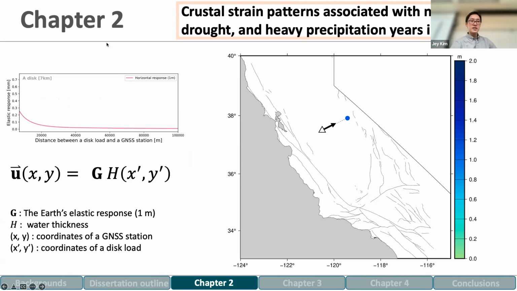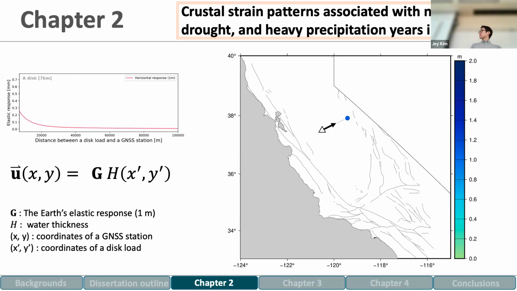And this is the horizontal elastic Green's function response to a surface disk load. The y-axis is horizontal displacement and the x-axis is the distance between a disk load and a station.